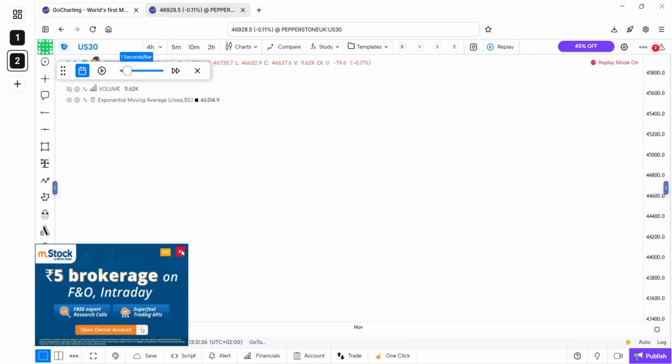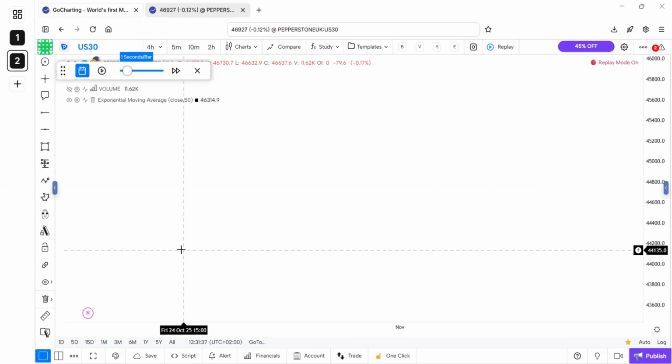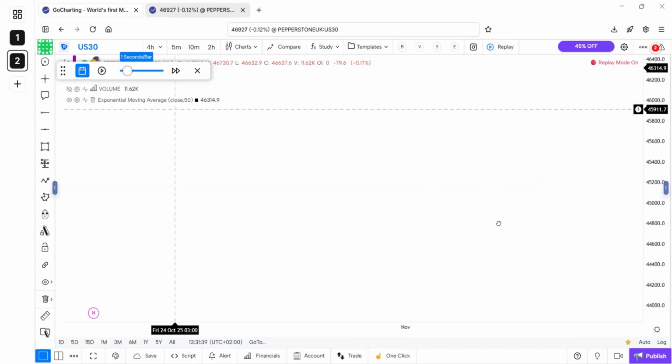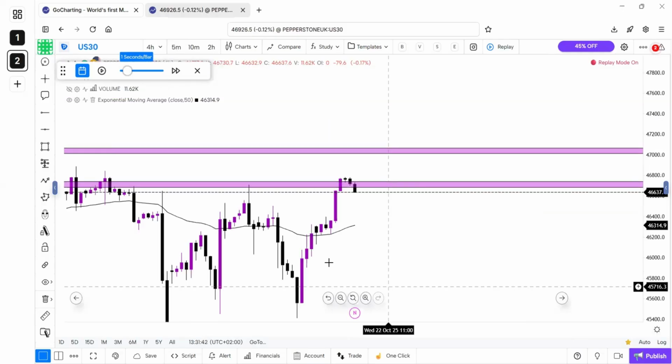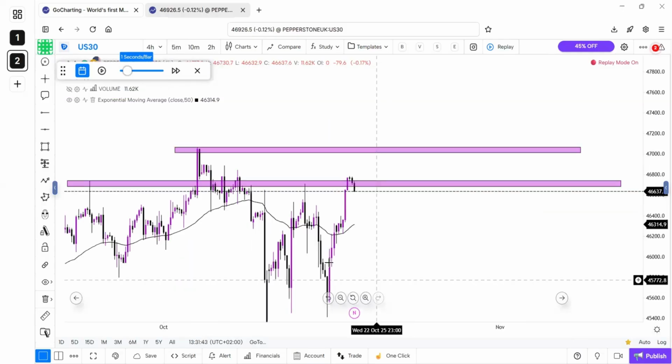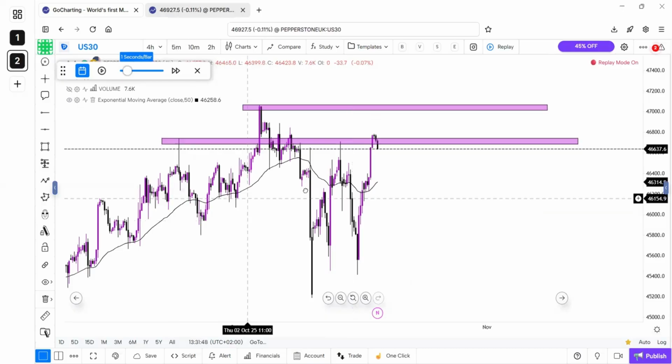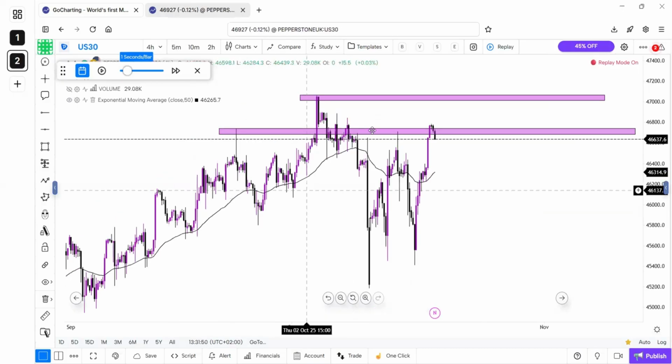But let's go into the live markets. Okay, I already marked up my levels, but I'm gonna delete them so that I can show you guys step by step.